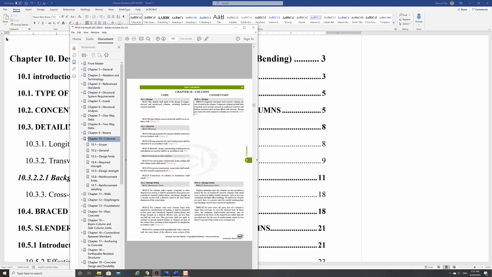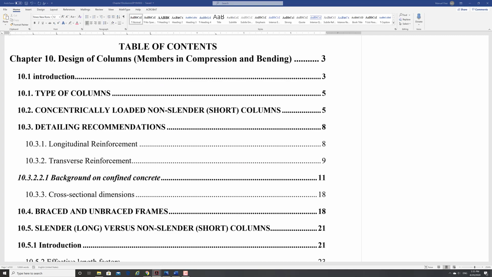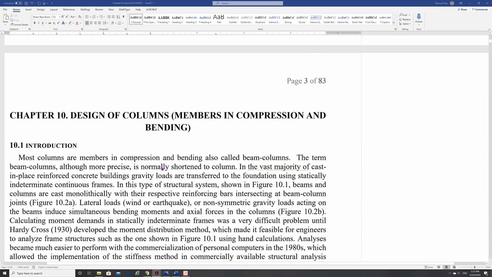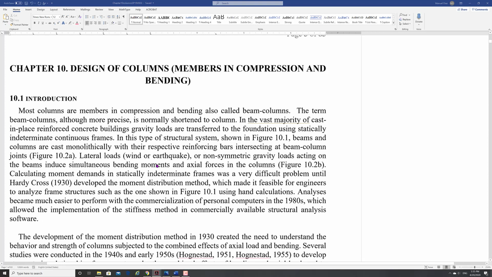Okay, so let's start with that. Start with the basics here. So chapter 10. And of course, columns, when we see columns, we normally talk about compression loads, right? But columns could have tension loads and bending moments, and therefore they are really beam columns.